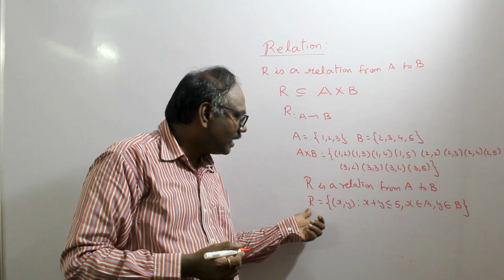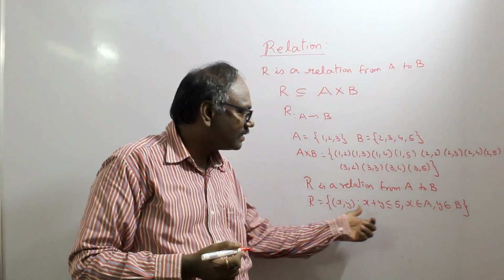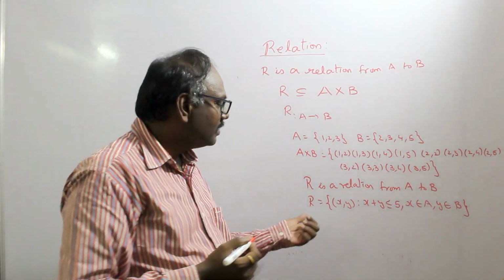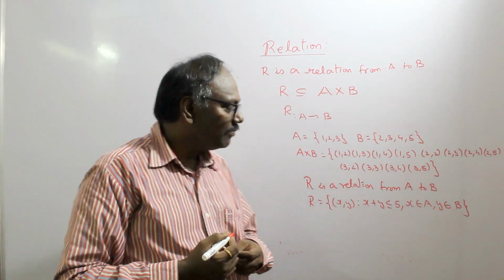I wrote a relation R as the set of all ordered pairs (x, y) such that x plus y is less than or equal to 5, x belongs to A, y belongs to B. This way of writing is called set builder form.